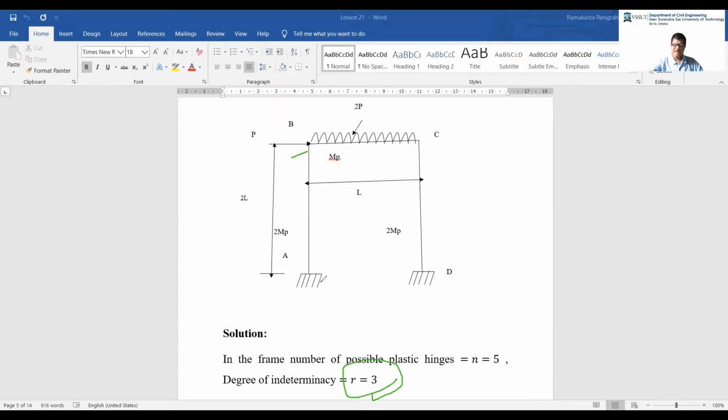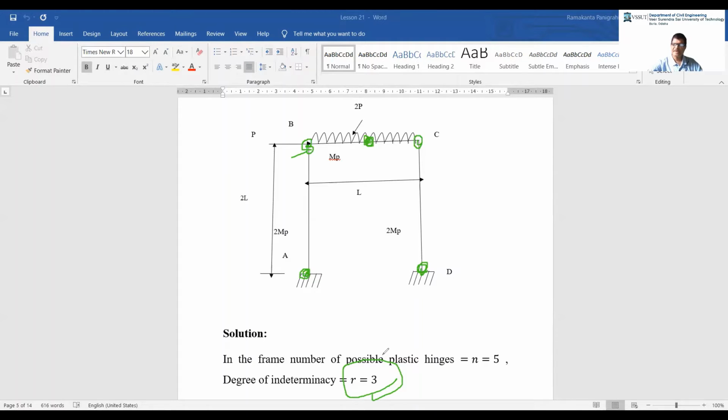Now the possible plastic hinges will be 1 here, 2 here, 3 here, 4 will be somewhere on this beam, and 5 will be on this. There will be 5 plastic hinges. Degree of indeterminacy is equal to 3. Hence, the number of possible mechanisms is equal to 2.